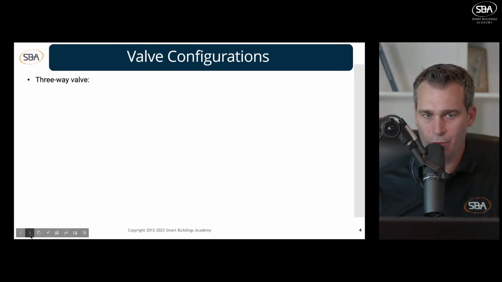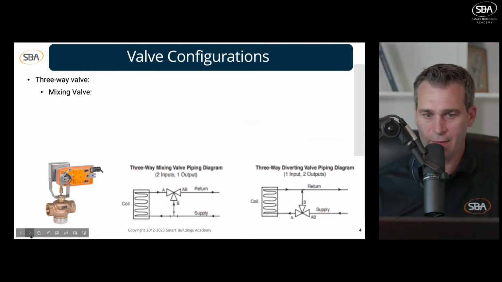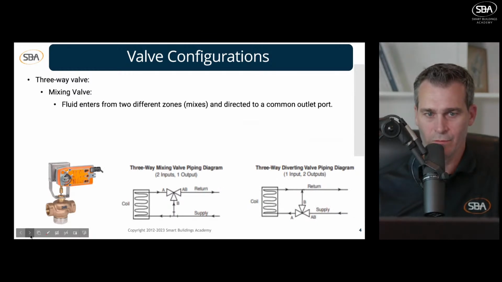Now, the other ones are three-way valves, and we actually have two types of three-way valves, all right? The first one we have is a mixing valve, which is the example over here on the left. What that does is fluid enters two different ports and then comes out one common port on the end.